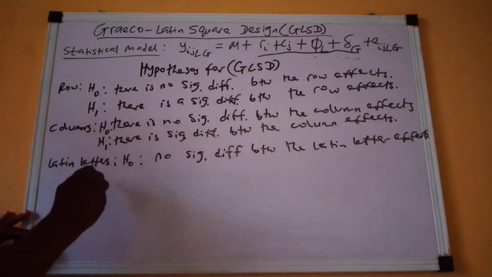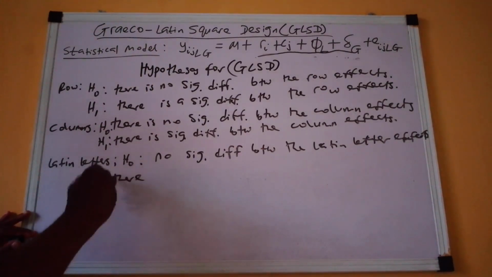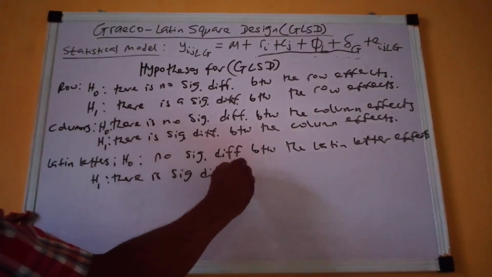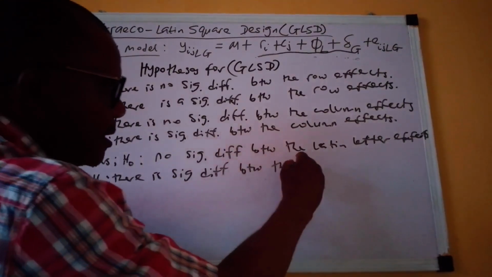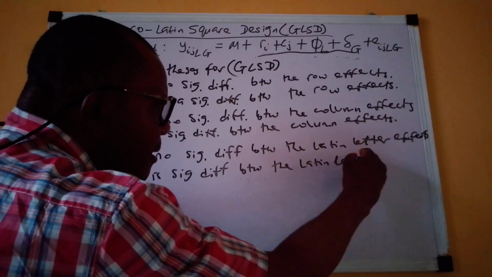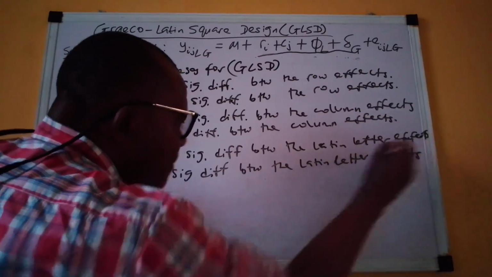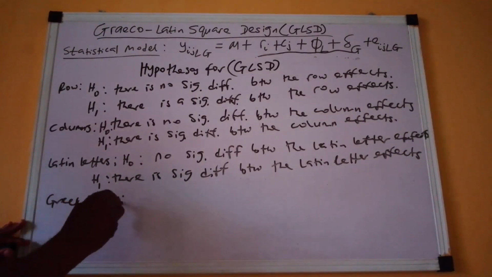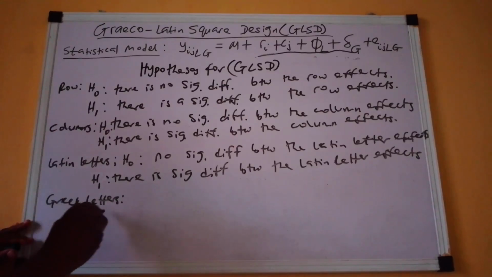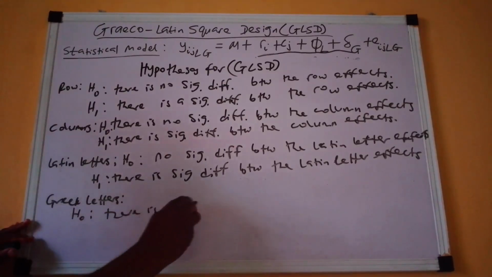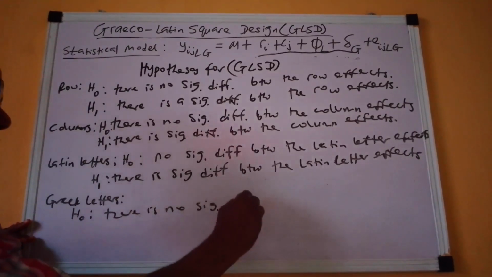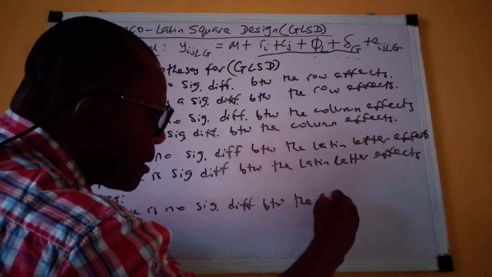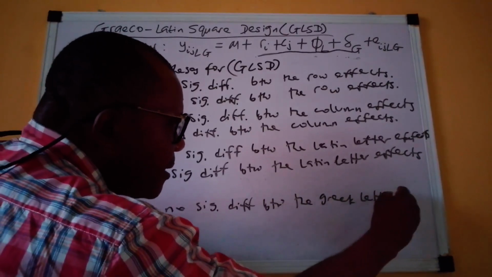Then the H1 will be there is significant difference between the Latin letter effects. Then for the Greek letters, the H0 will be there is no significant difference between the Greek letters effect.